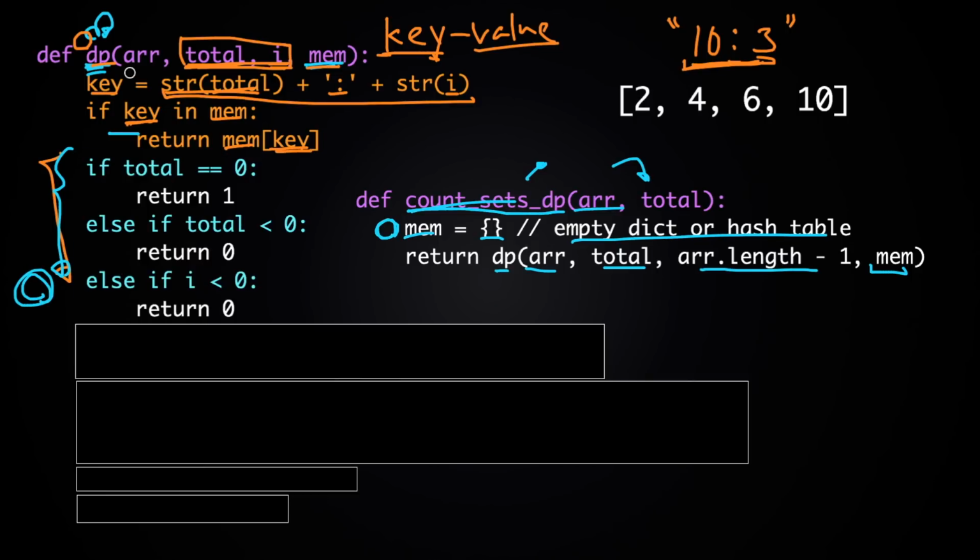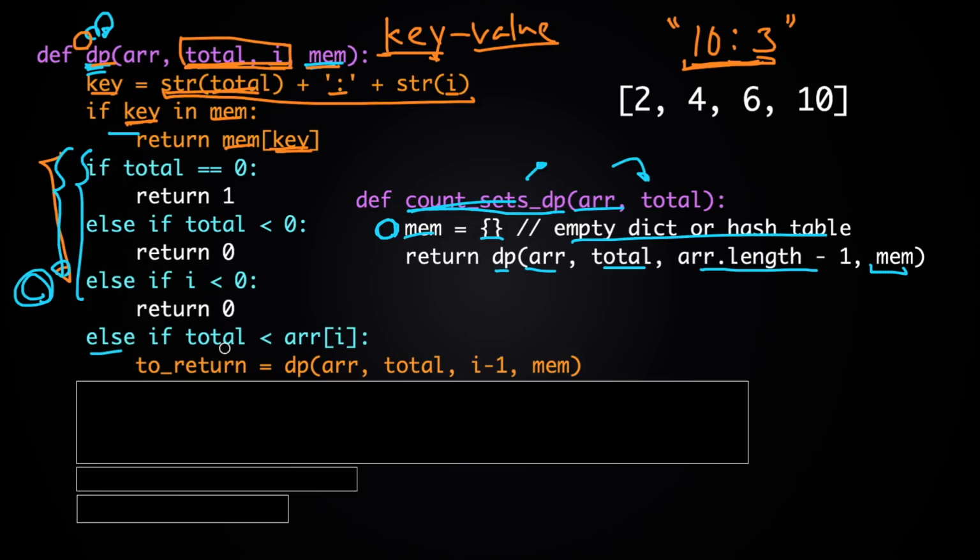First of all, the base cases are exactly the same, so we're just going to skip that. And else, if total is less than r square brackets I, we have dp of r, total, I minus 1, mem, which is almost exactly the same as what we had earlier in our recursive solution.